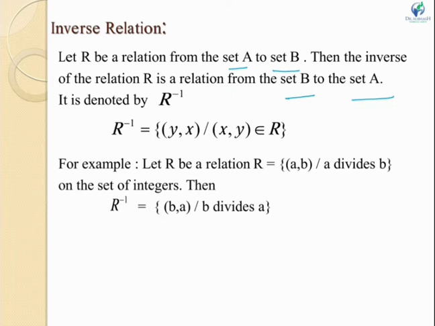And it is denoted by R inverse, where R inverse is defined by (y,x) for (x,y) belongs to R. For example, if I am taking R as (a,b), where a divides b, for the set of integers, then R inverse will be exactly the reverse: (b,a), where b divides a.